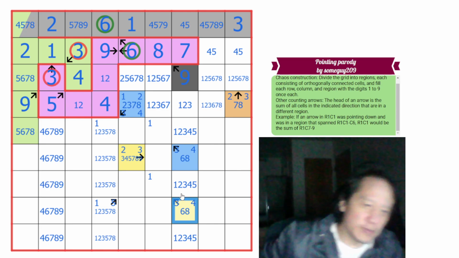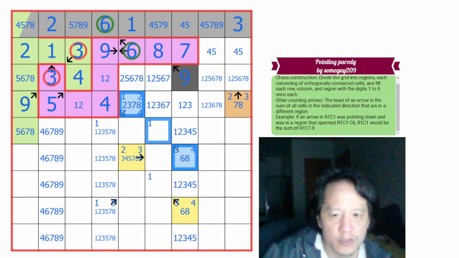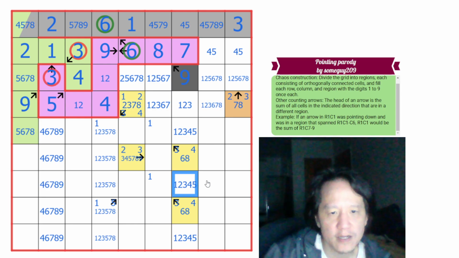And maybe this logic is the incorrect one. So we said if these are the same region, they have to connect somehow, right? So 2 out of these 3, I guess it could be. Oh, that's where I went wrong.